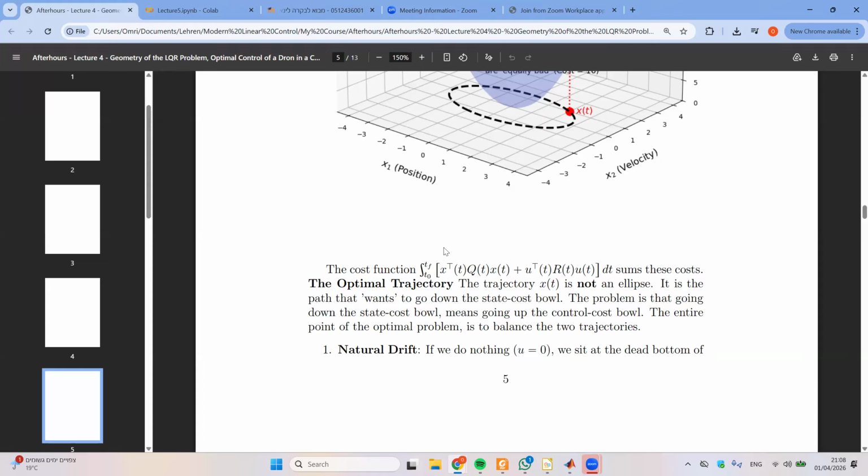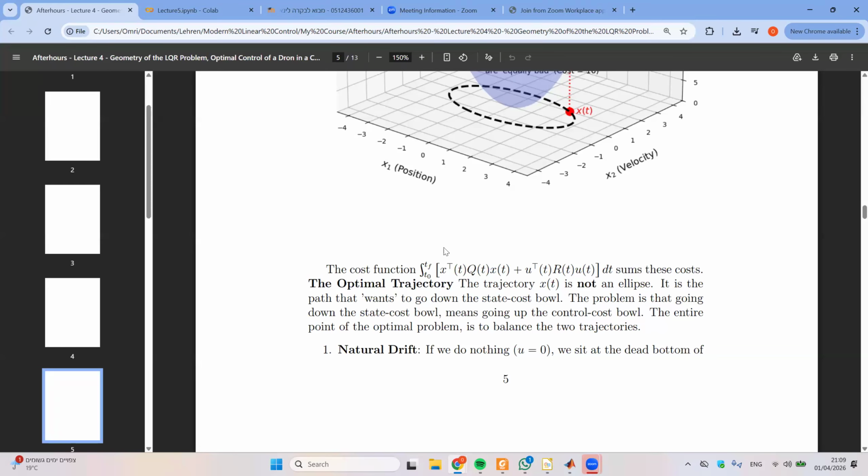Okay, now, as we said, what is the optimal trajectory? It's the trajectory that will just go down this state cost ball. Now, the problem is that in order to go down this ball, we need to use the controller, but using the controller means going up the control cost ball.